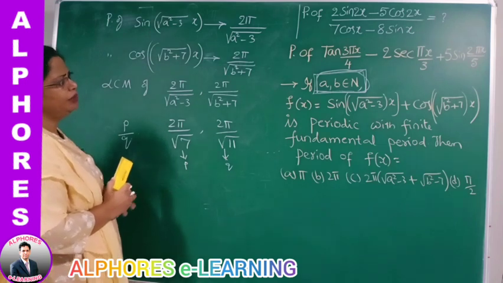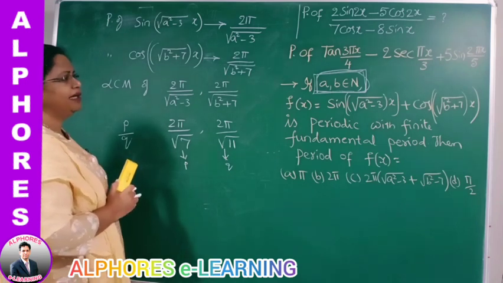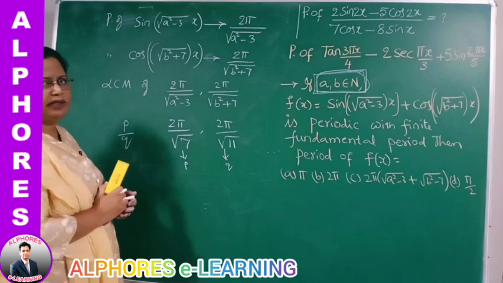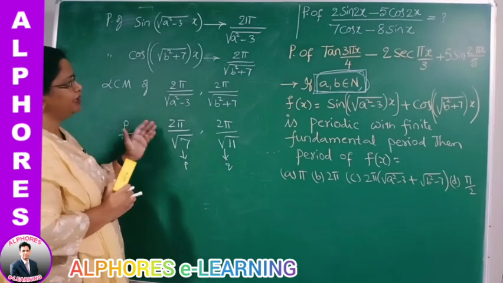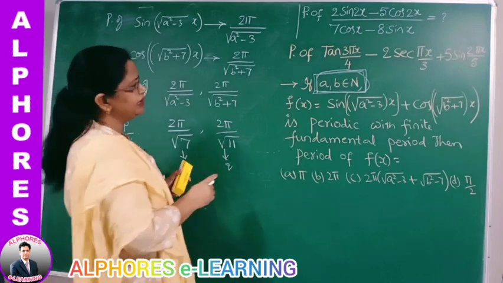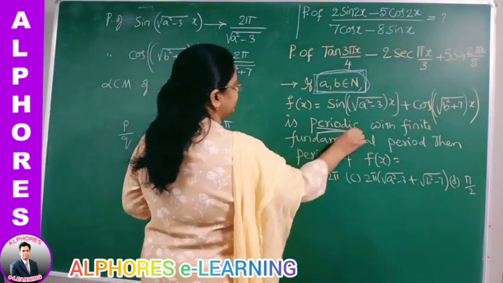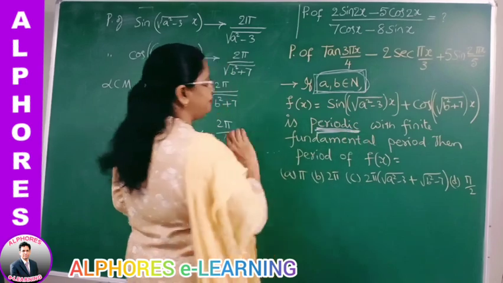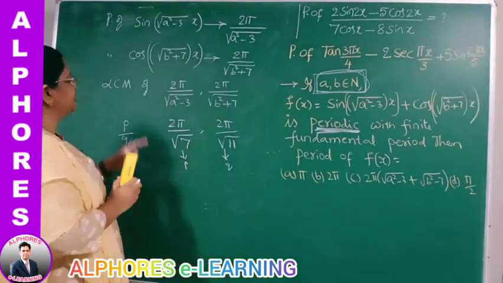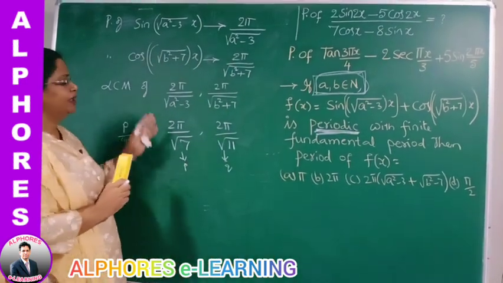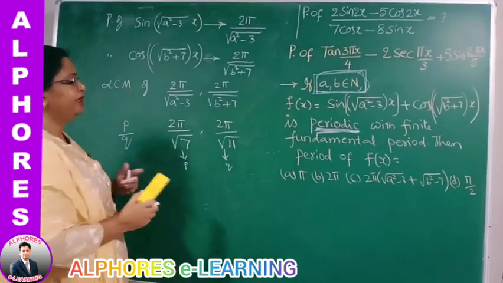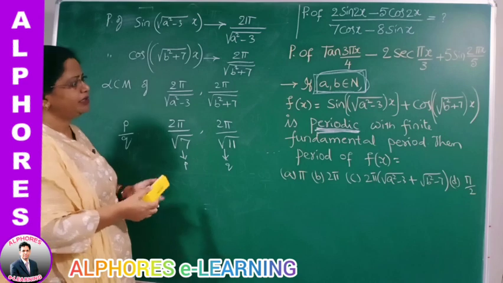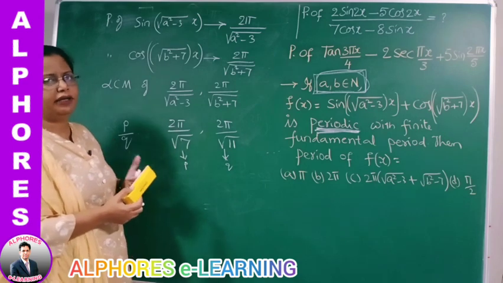Once a and b are integers, let's make use of the concept. What could the a and b values be so that the LCM must exist? Because another condition they gave is that the function is periodic, so the LCM must exist. With a and b natural numbers, using these two conditions you have to find the period.